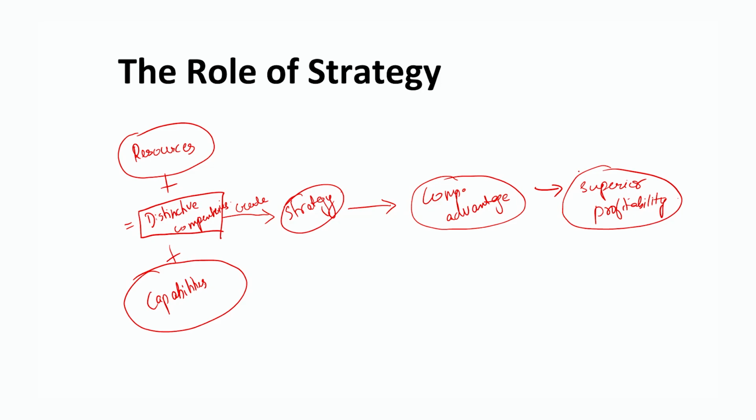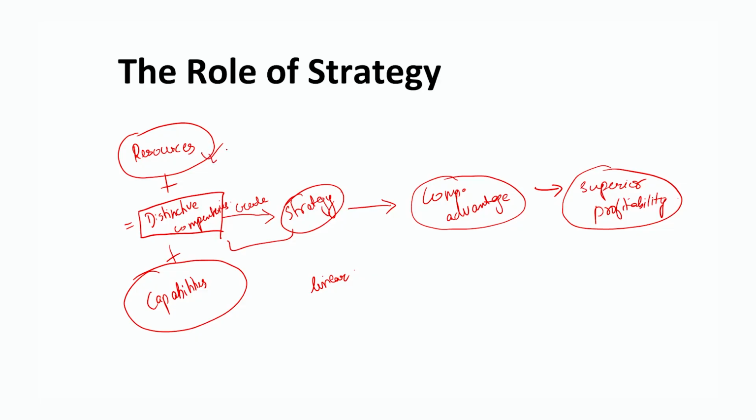So based on this, we can say that the relationship between distinctive competencies and strategy is linear, wherein distinctive competencies lead to strategy. I'll explain this with the help of one example. Example of Walt Disney. When Walt Disney was facing a financial crisis, at that time, Michael Eisner was appointed as the CEO of the company.